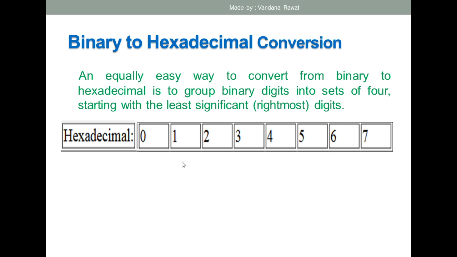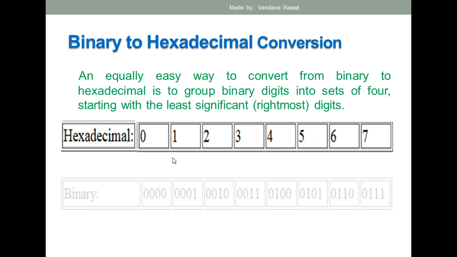You can make this table in your notebook. As you know, hexadecimal numbers start from 0 and go up to 15. First of all, I am taking the numbers from 0 up to 7, so you just make the table of these numbers.